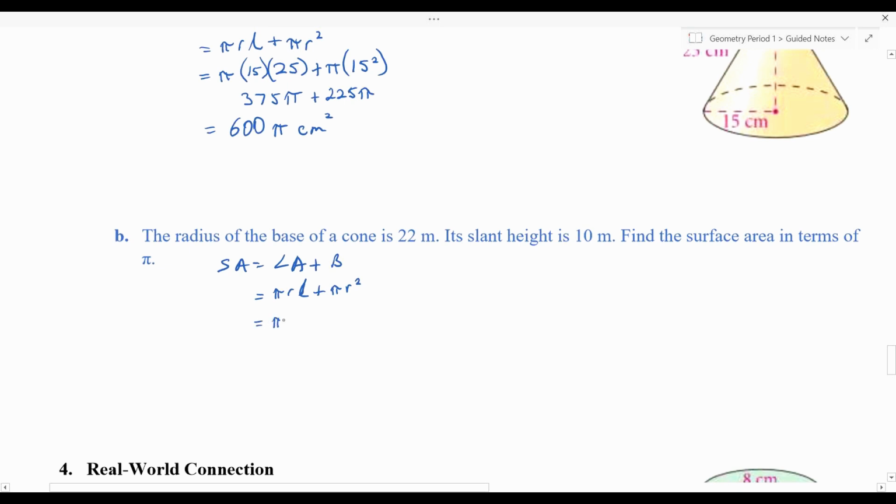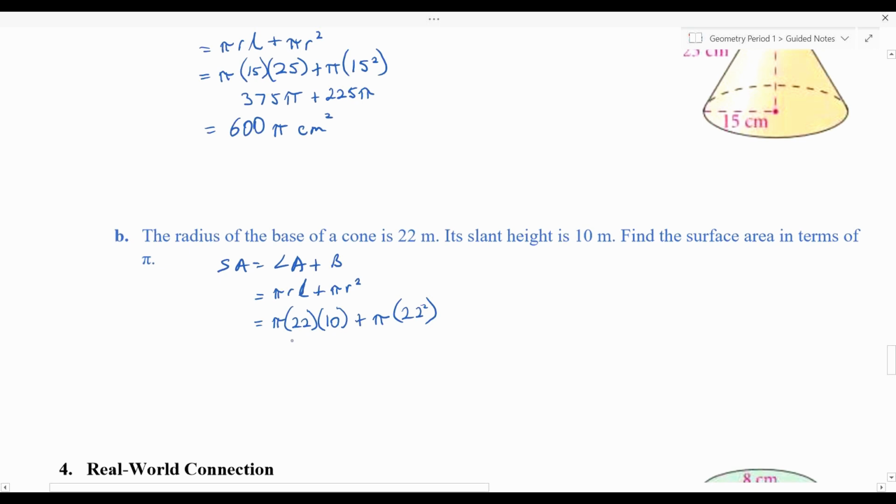So we have pi times the radius. That tells us that the radius is 22 meters, so we're going to put 22 over here, times the slant, and the slant height happens to be 10. So we put our 10 over here, plus pi, and the radius again is 22, so it's times 22 squared.